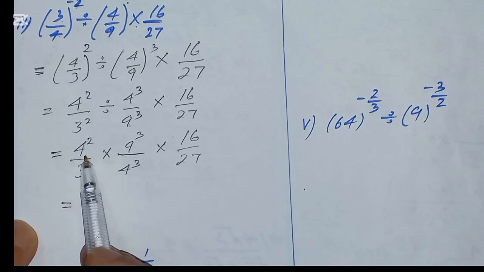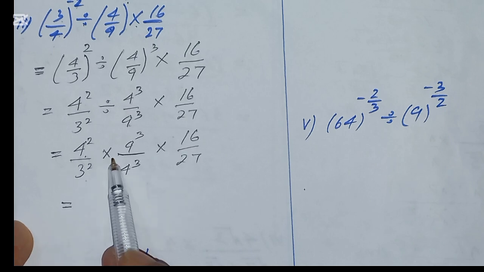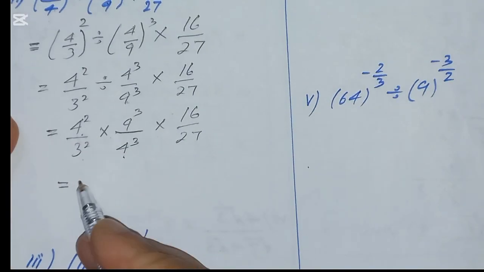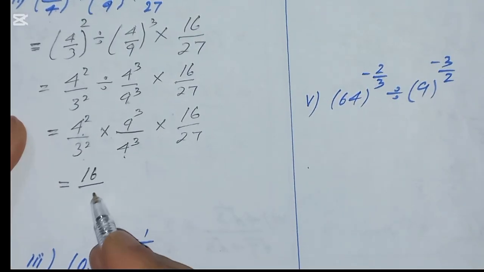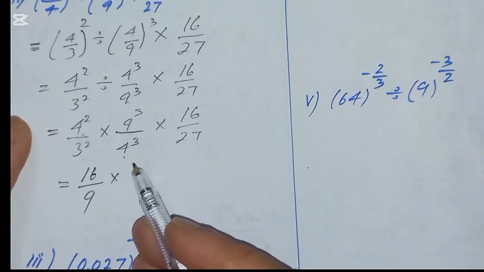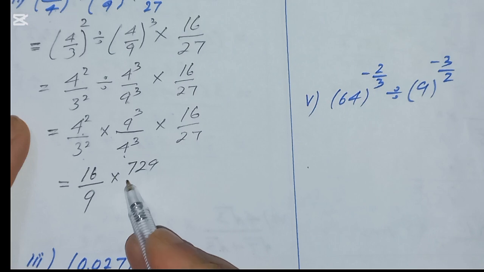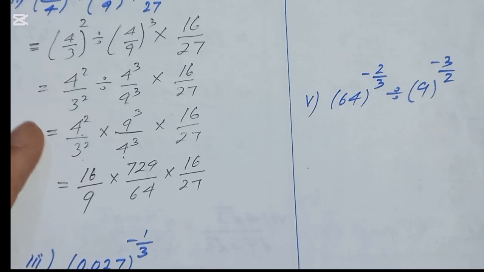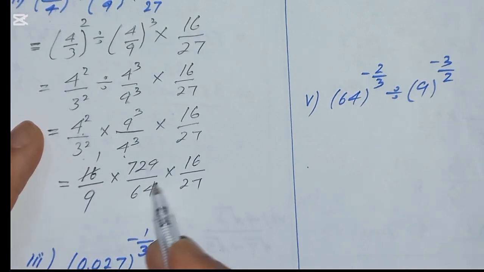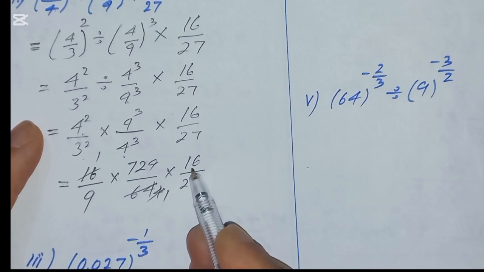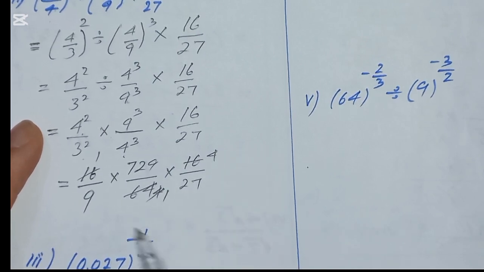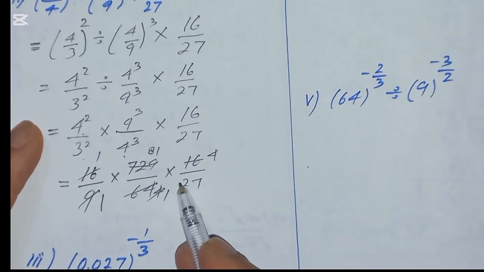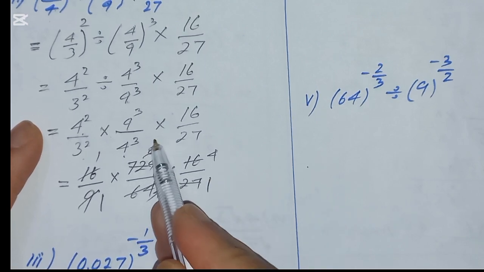Next, 4 power 2 divided by 3 power 2, multiply 9 power 3 divided by 4 power 3, multiply 16 by 27. 4 power 2 means 16, 3 power 2 means 9, 9 power 3 means 729, 4 power 3 is 64, multiply 16 by 27. 16 ones are 16, 16 fours are 64, 4 ones are 4, and 4 fours are 16, 9 ones are 9, and 9 81s are 729, 27 ones are 27, and 27 threes are 81.